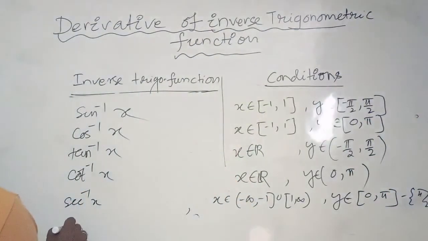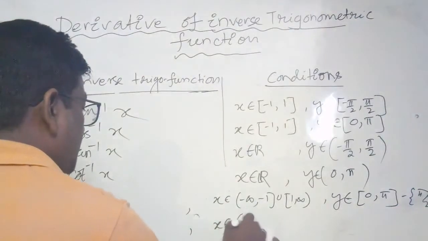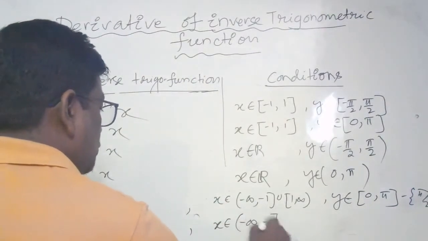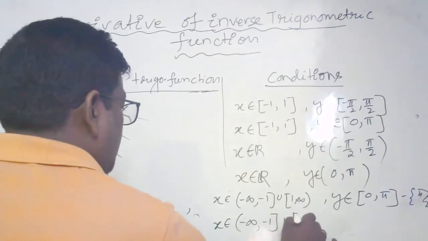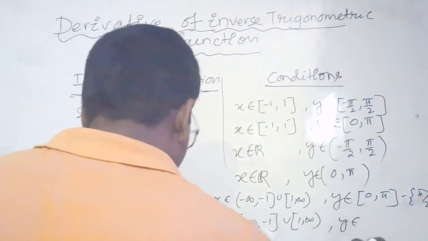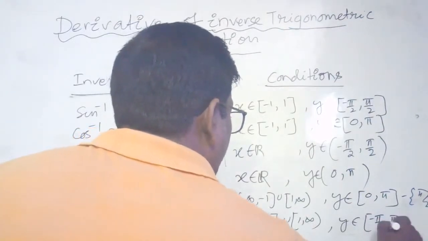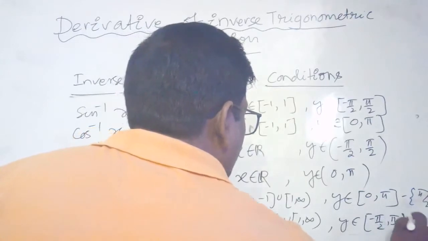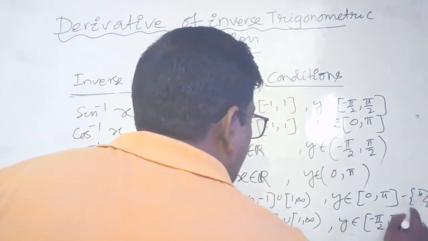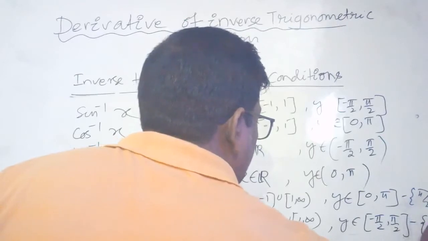So cosec inverse x, x belongs to same thing, minus infinity to minus 1 square bracket union square bracket 1 to infinity, comma, y belongs to what? Minus pi by 2 to pi by 2 square bracket, minus 0.